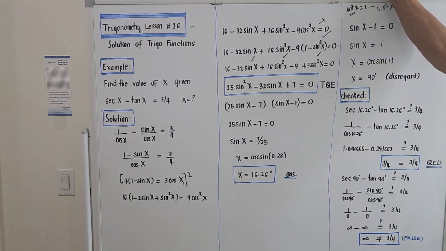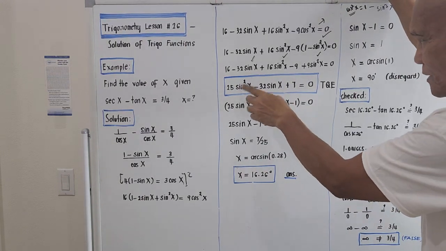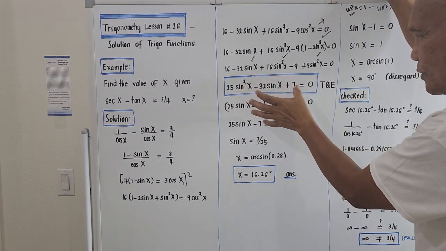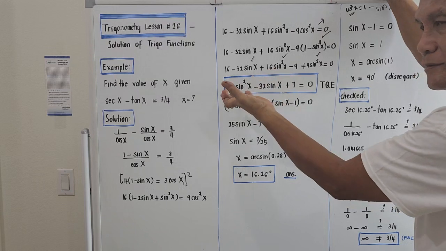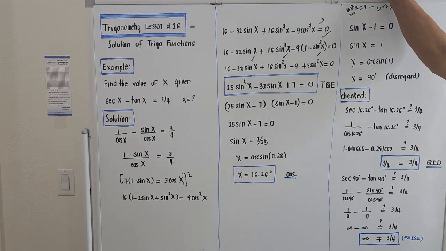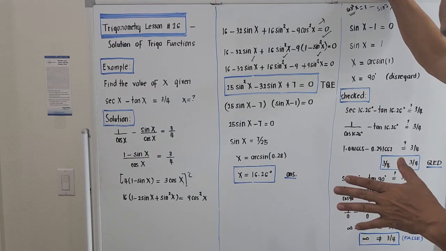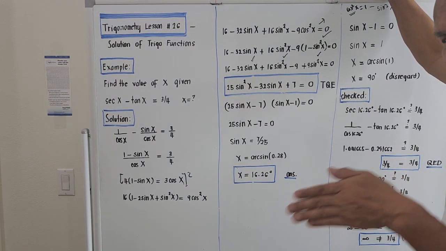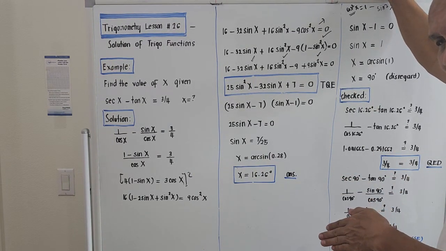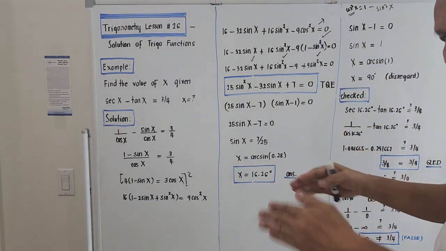It is quadratic because the highest power of sine is actually second. So to solve this one, we must bring out our knowledge on the so-called solution of a quadratic equation. Whether quadratic equation, whether algebraic or trigonometric, the procedure is still the same.